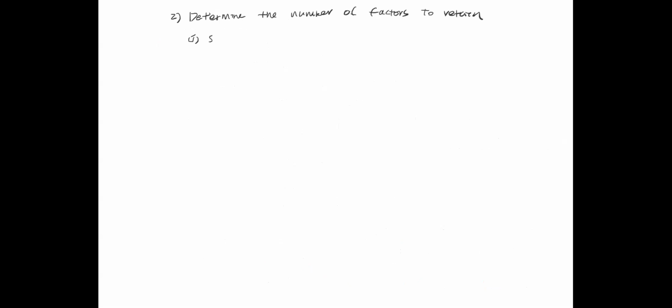One of them is the scree plot, also known as the elbow plot. I will just draw that. The y-axis is the eigenvalue, and the x-axis is the number of factors. And typically the scree plot looks like this.